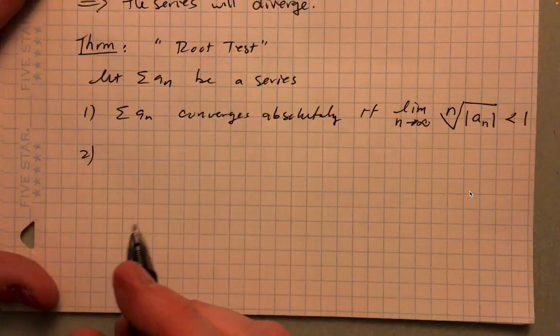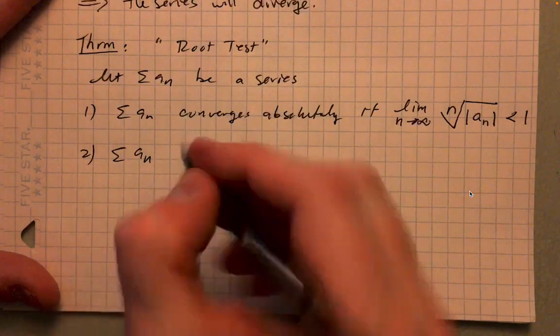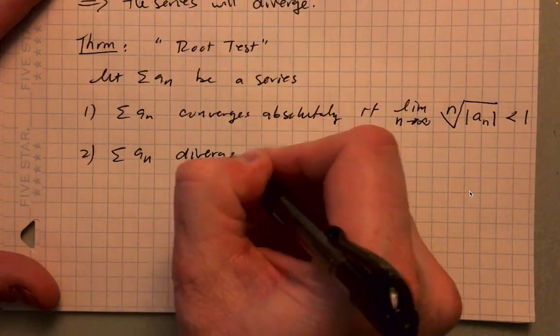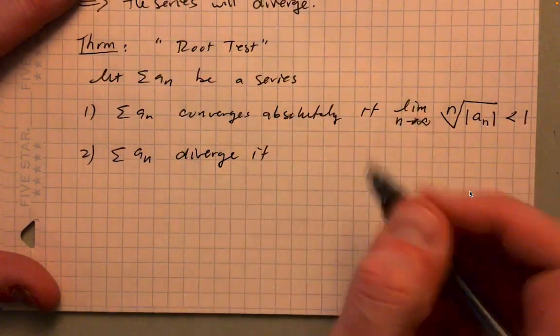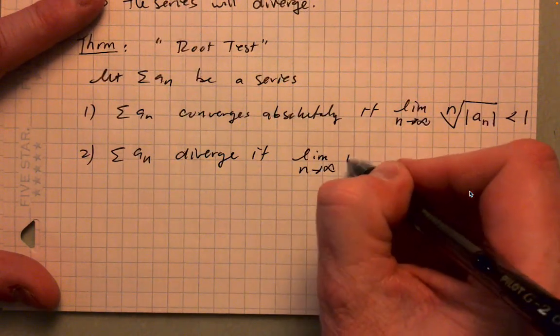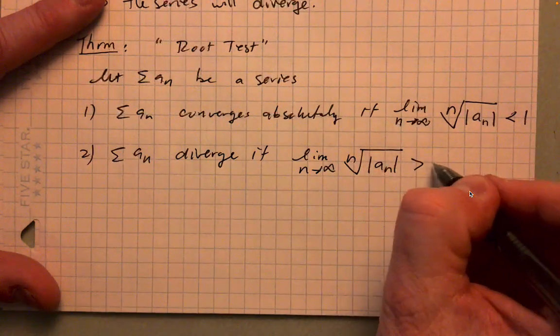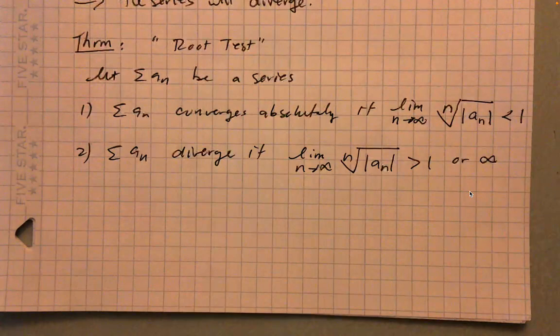Secondly, next comes the divergence condition. This will diverge if, similar to the ratio test, the limit as n goes to infinity of the nth root of a of n is greater than 1 or infinite. If taking the nth root of the absolute value of the nth term gives something infinite, then the series will diverge.